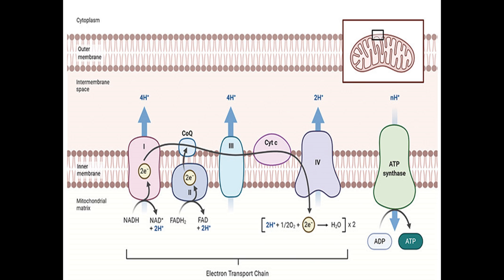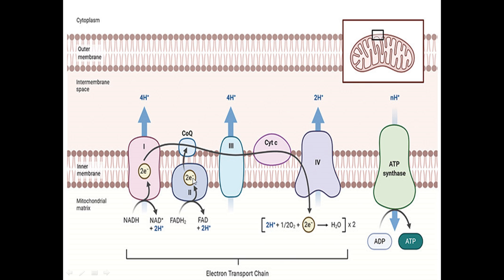The complexes in the transport chain of the inner mitochondrial membrane are complex 1, complex 2, complex 3, and complex 4. The transport of the electrons across the various complexes is aided by the standard reduction potentials of the various complexes.